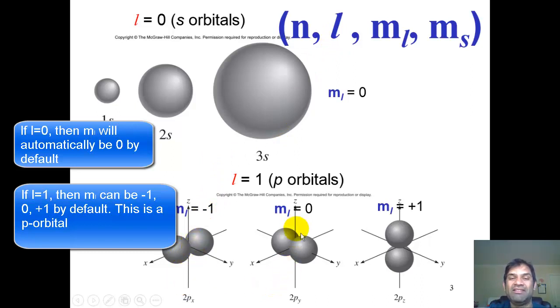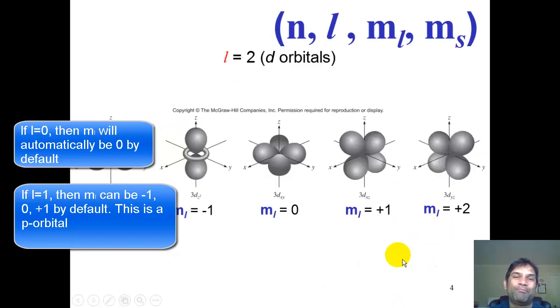If m sub L is 0, it will go spin up or spin down. Usually these electrons come paired, spin up, spin down, and they march. That's when we talk about electron configuration, they march. And here, if m sub L is +1, they could go in spin up or spin down.